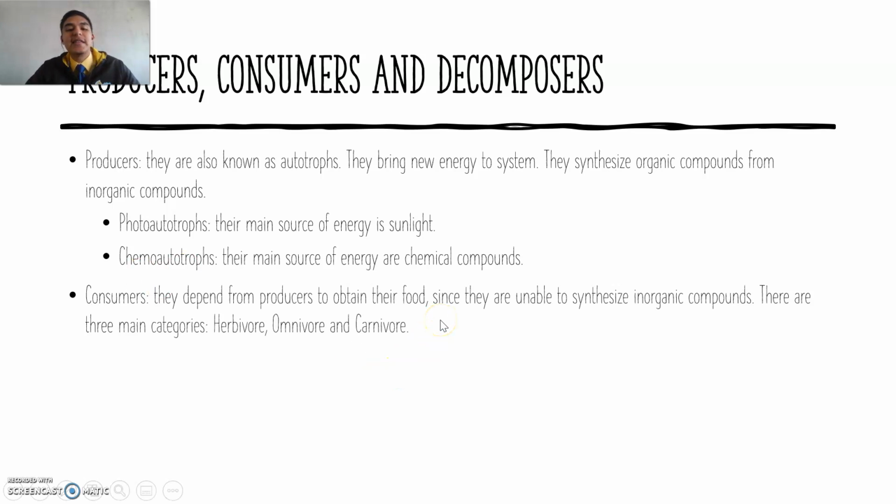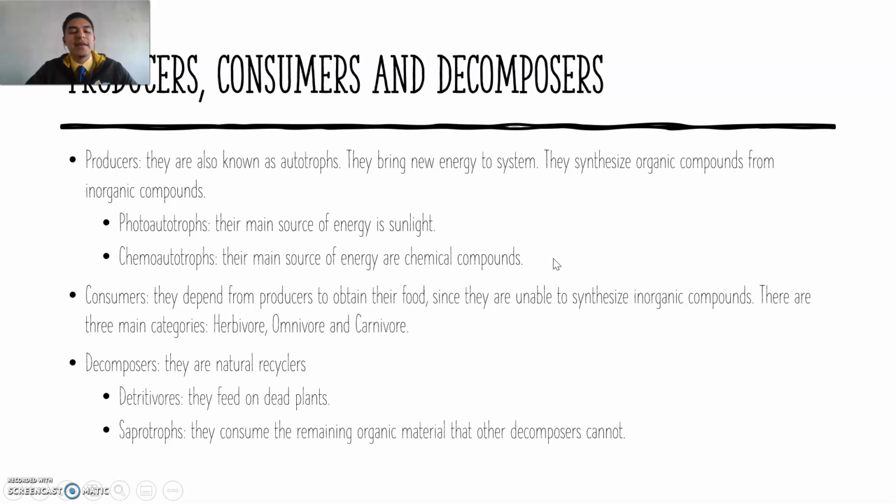Consumers are basically the ones that are going to eat, or they are going to take an advantage out of the energy that was produced by the producers. And because they cannot synthesize inorganic components. And their main categories are herbivore, omnivore, and carnivore. And lastly, we have the decomposers. They are natural recyclers.